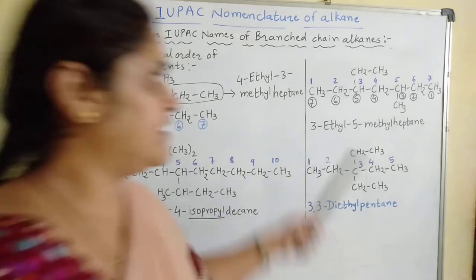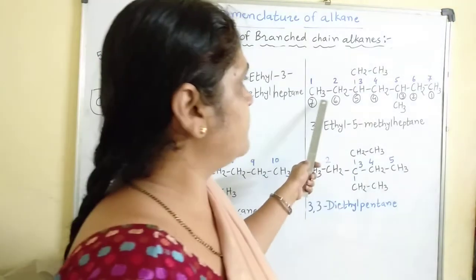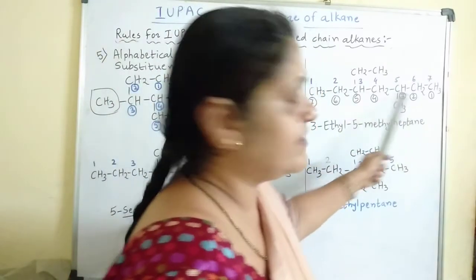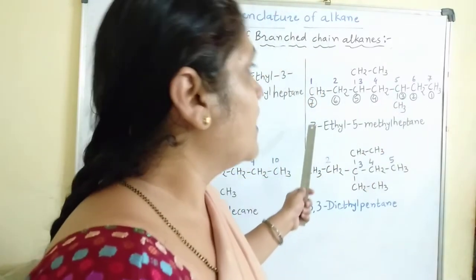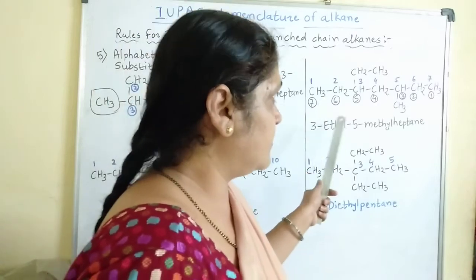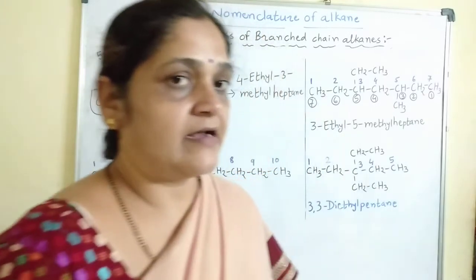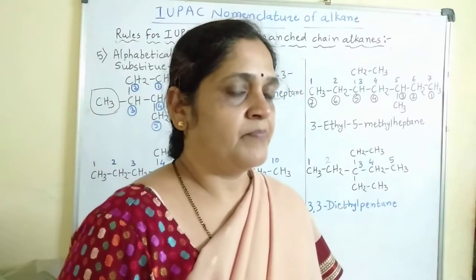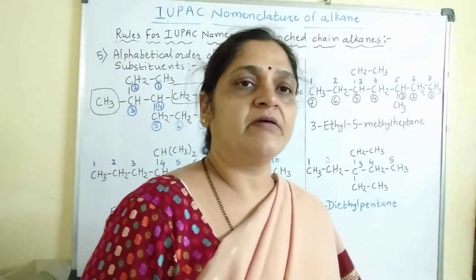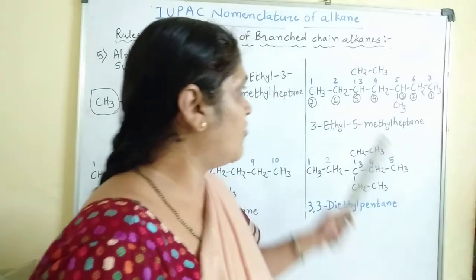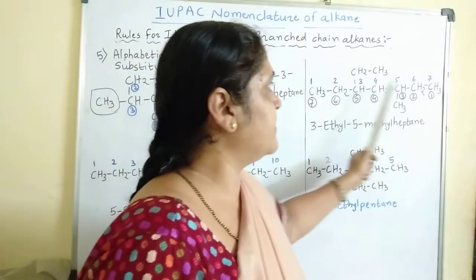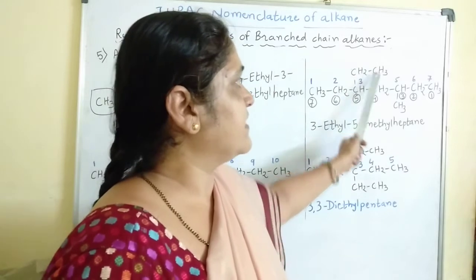Now come to another example. Here also there are 7 carbons in the longest continuous chain. You will find that the numbering can be done from both sides, because the substituent-carrying carbons get equivalent positions. For example, if numbering is done from left to right, carbon number 3 is carrying the ethyl group.